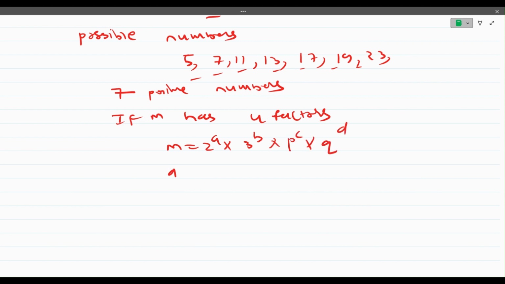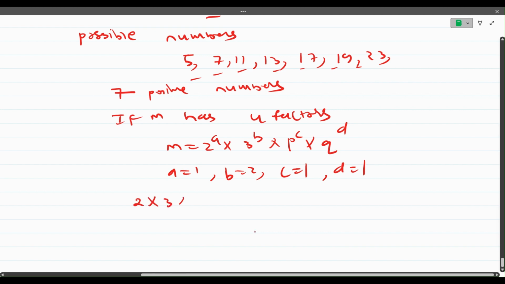In that case, see, in the minimum case, a is 1, b is 2, and c is 1, and obviously d is 1. So the number of possibilities will be 2 times 3 times 2 times 2, which is 24, and which is not possible.